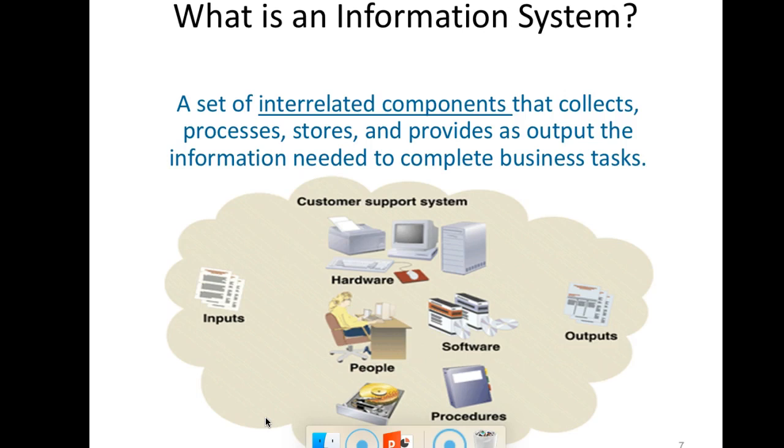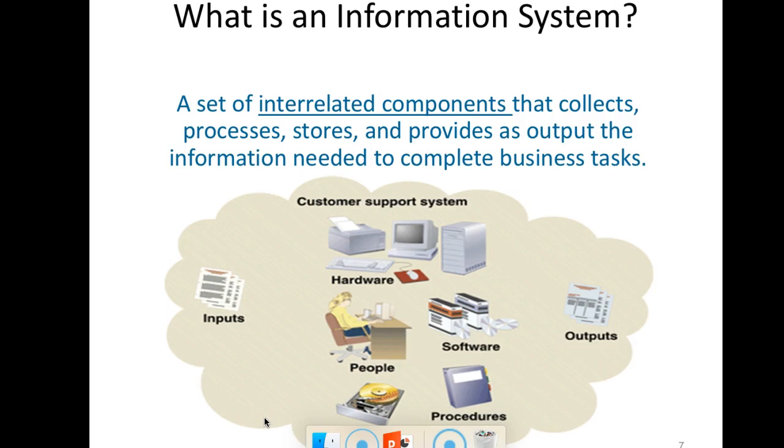So what I want you to take away from this definition is that information systems are not all about programs and codes. There are programs, there are pieces of hardware, there are people, there are processes, there are decisions. So all these components together enable decision making based on information.